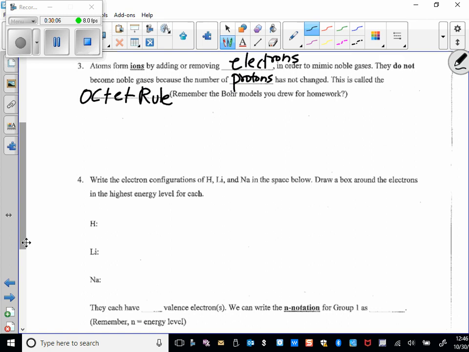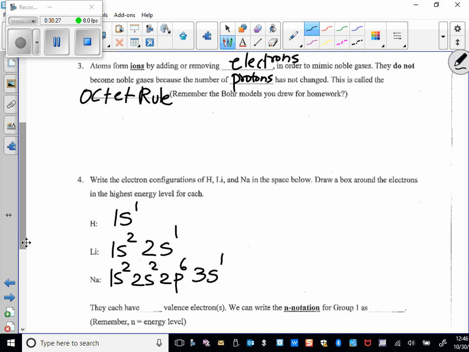Now, we're going to write the electron configuration of hydrogen. Hydrogen is what? 1s1. Lithium is 1s2, 2s1. Sodium is 1s2, 2s2, 2p6, 3s1. Are we good? So now, this is the highest energy level in each one of these orbital notations, or electron configurations.